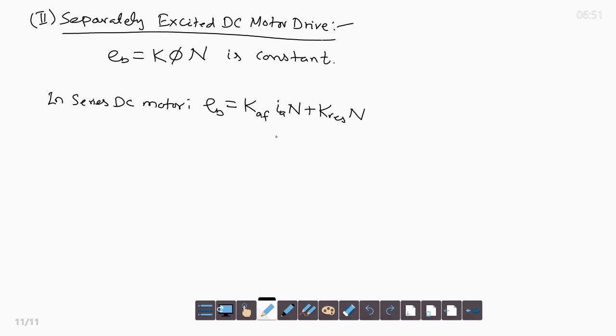Now in the separately excited DC motor, flux is constant, so this term is 0 and only the constant back EMF term is present. Now whatever analysis you have done for the series motor, replace the K residual N by K phi N for the separately excited DC motor.